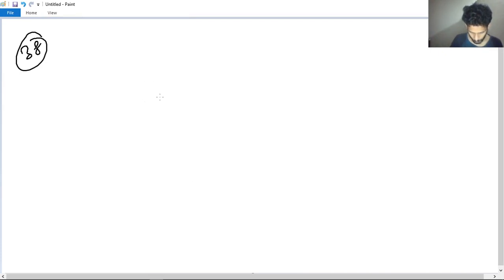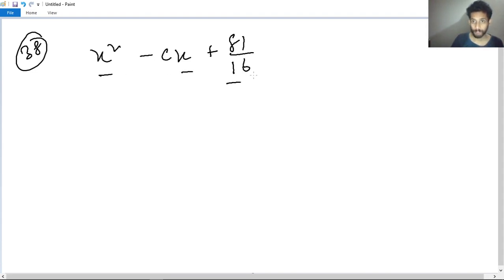Now, one more property of the perfect square trinomial: it is a trinomial, 3 terms, 1 2 3, and one more property is that the factors are always the same.